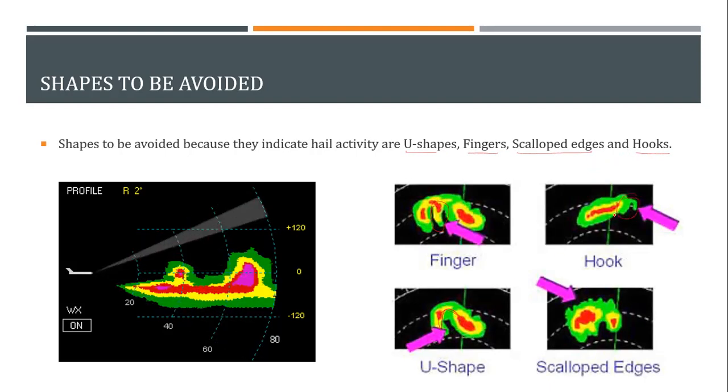Hook is somewhere here, and scalloped edges are like this. All these shapes are present in the notes. Go through them. Only the names should be asked. These are the names you should remember: U shape, finger, hook, and scalloped edges. And of course, steep colors put together are also to be avoided.